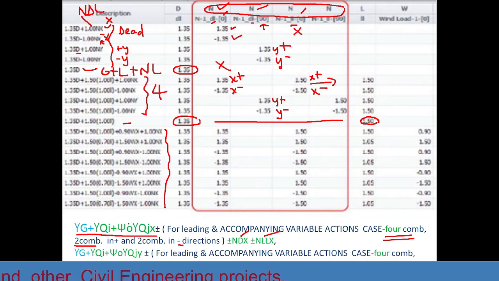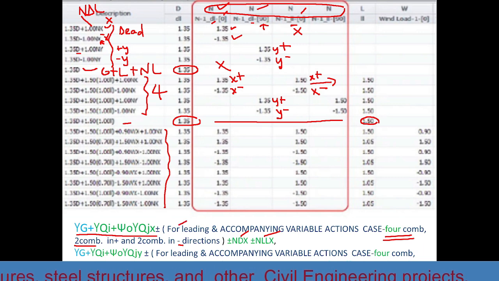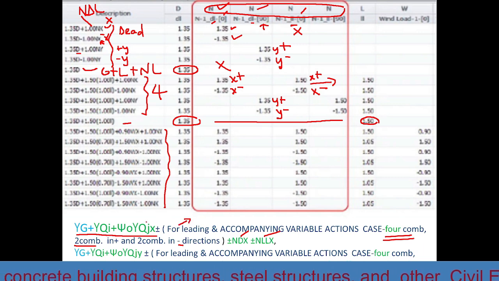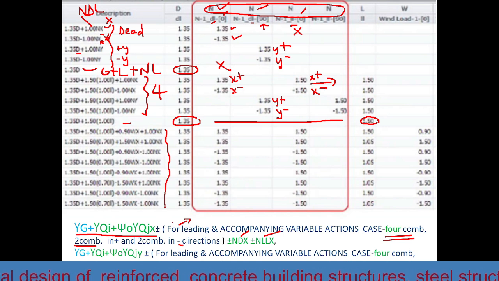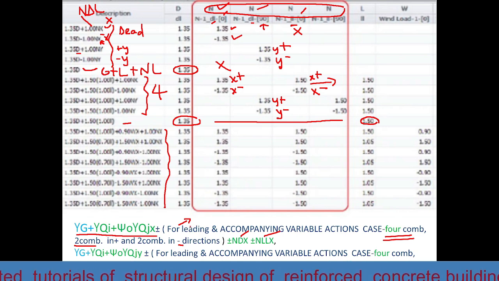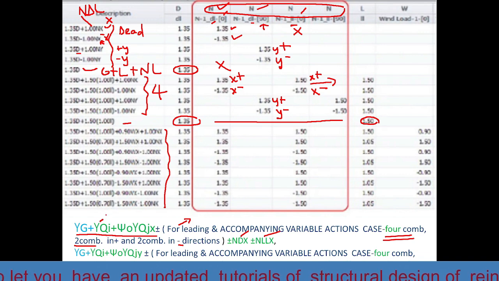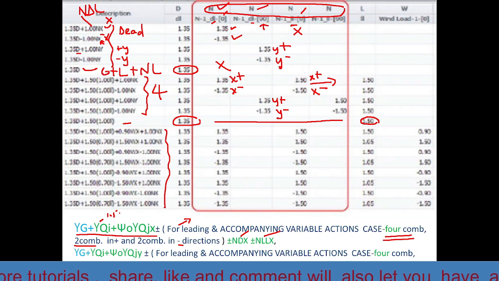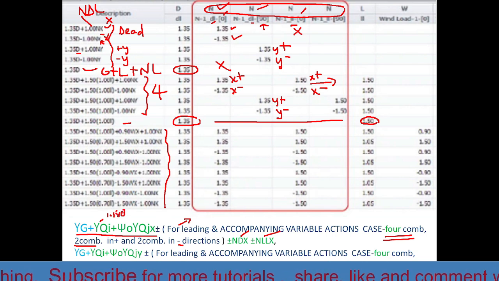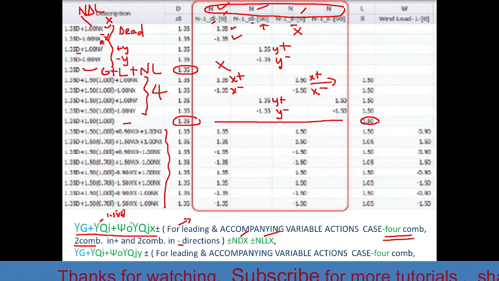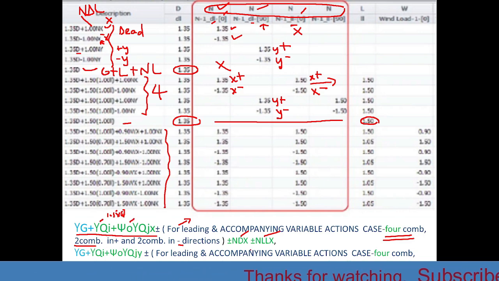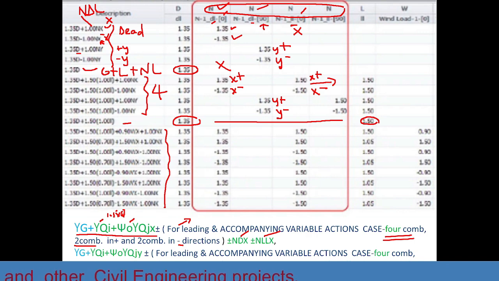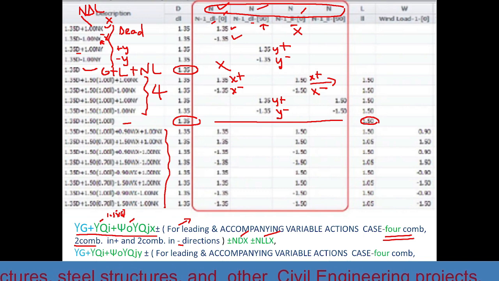How does it come? That is for the leading condition. Suppose the live load is leading. Here this will be 1.5 times the live load Q, and this will be phi 0, which is 0.7 for office and residential buildings, and phi 0 equal to 0.6 for wind.